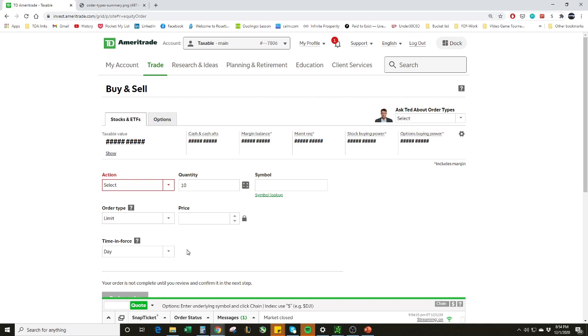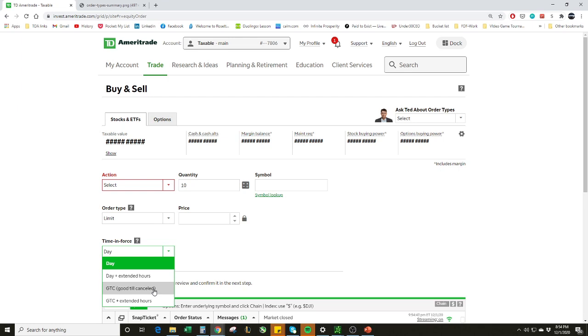I want it to trade right now in the extended hours. And you do so, at least on TD Ameritrade, by selecting this plus extended in whichever piece you want to do. Day, of course, means for a single day. Good till cancel is good for up to 90 days at TD Ameritrade, and similar brokers are 60 to 90 days. But the extended hours is the important part.